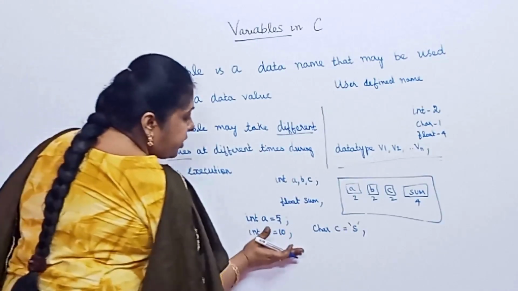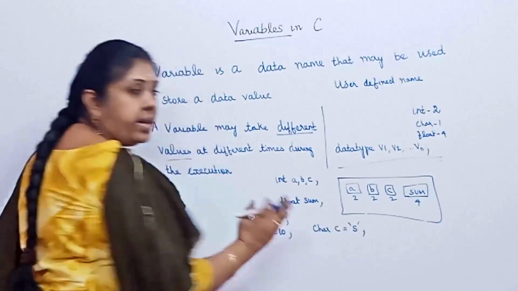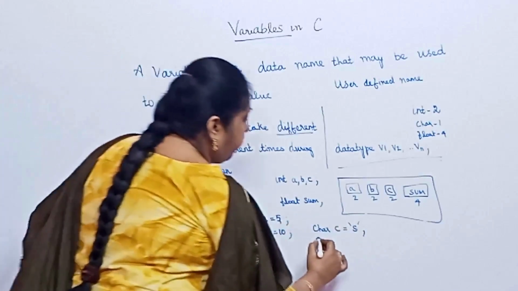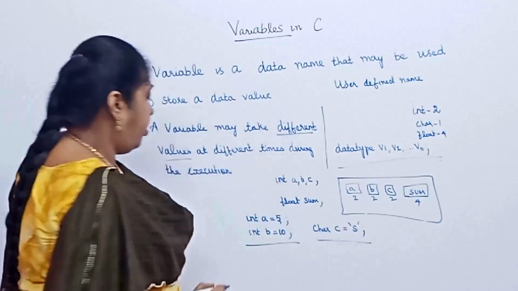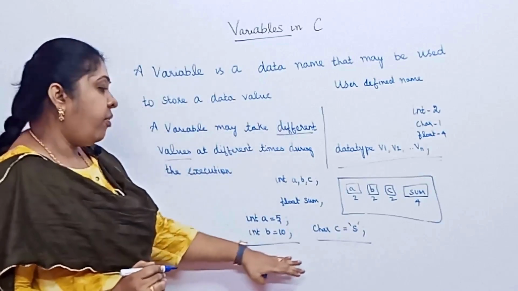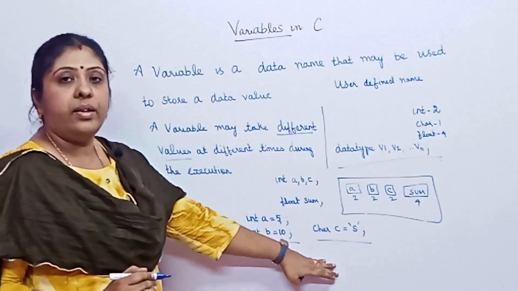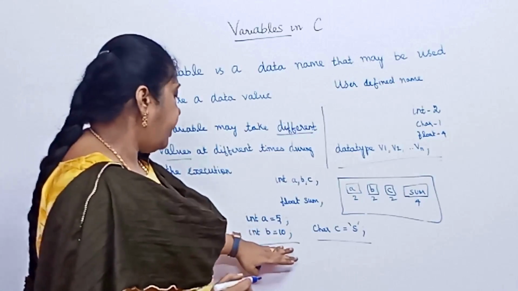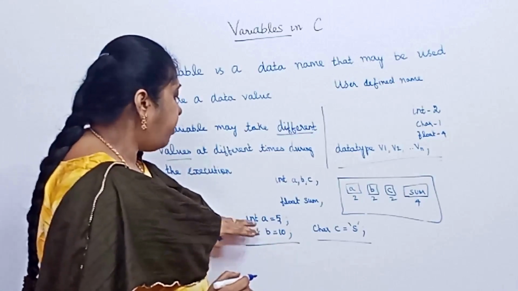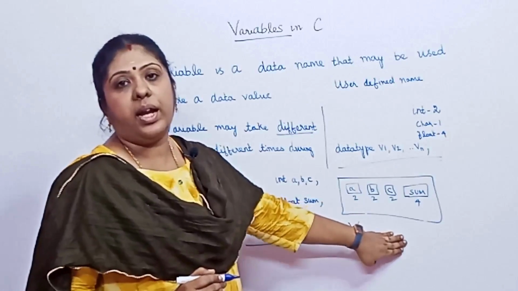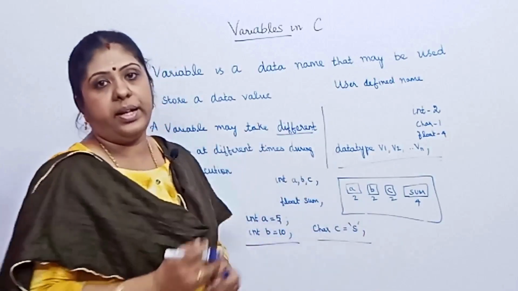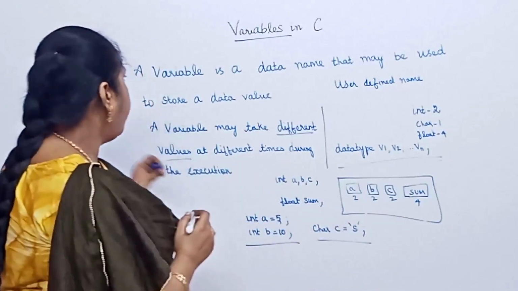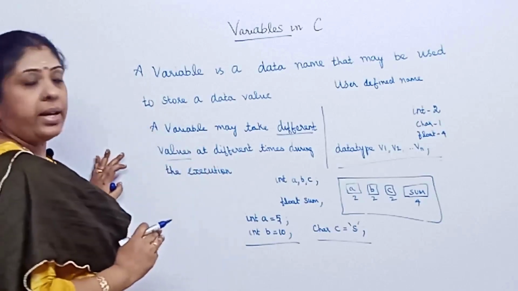That is, these values can be initialized at the declaration part of the program. Even when values are assigned, depending upon the data type, the memory will be allocated for the particular data type. Okay, you would now be very clear about this.